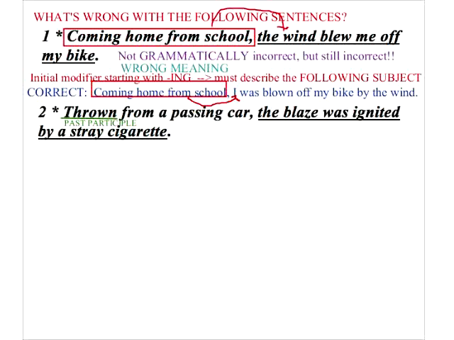There's another rule just like the first one that says when you have an initial modifier starting with a past participle, same kind of restriction: that also must describe the following subject.